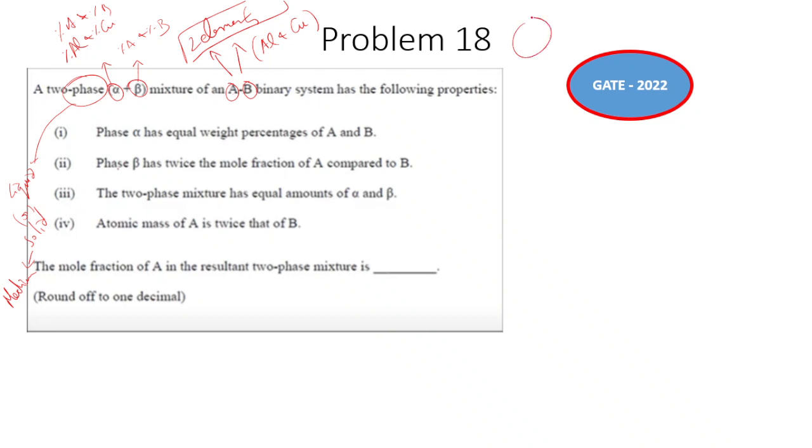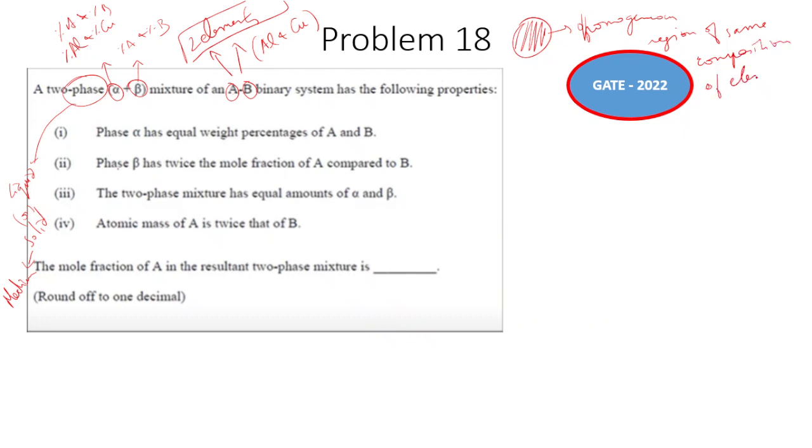A phase is a homogeneous region of the same composition of elements.